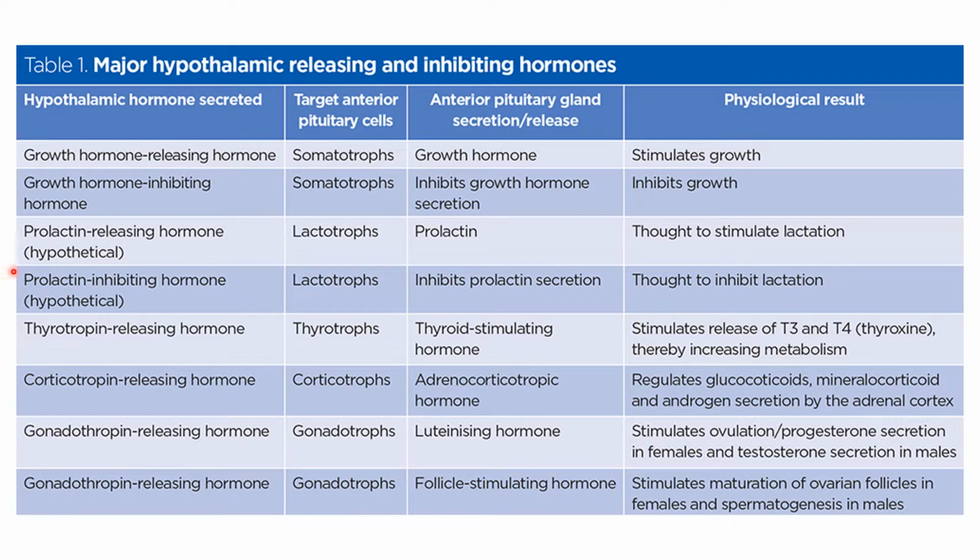A lot of you also have those that affect prolactin, but do take note that this is somewhat hypothetical as of the moment, because the prolactin inhibiting hormone is actually dopamine. So do take note of that.